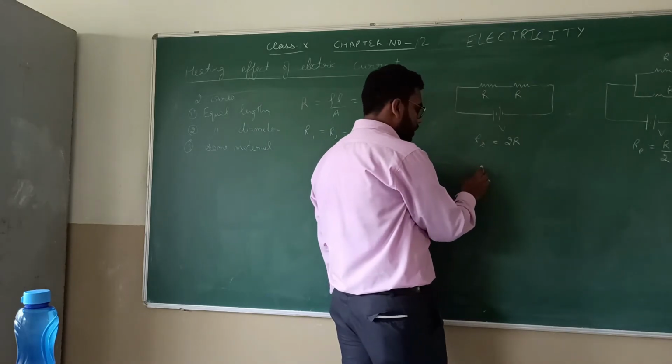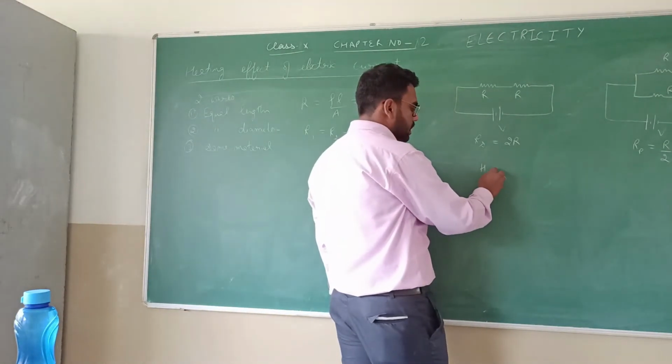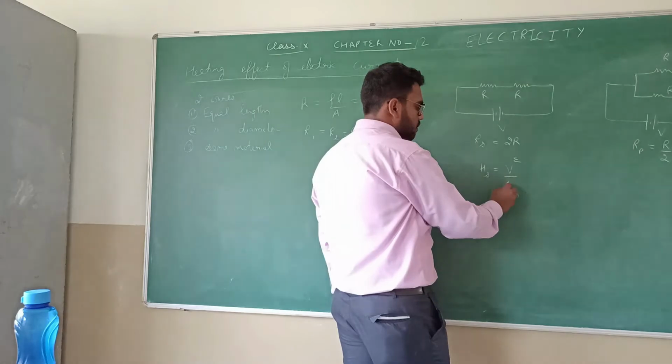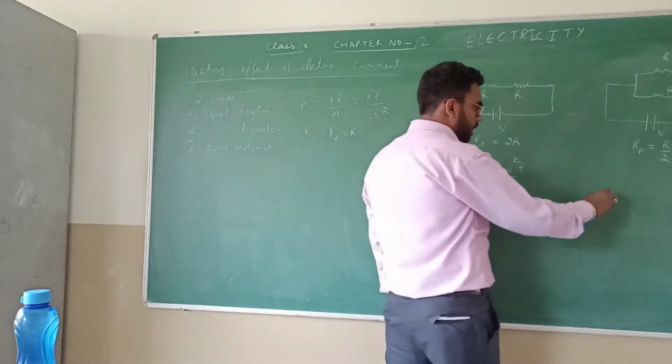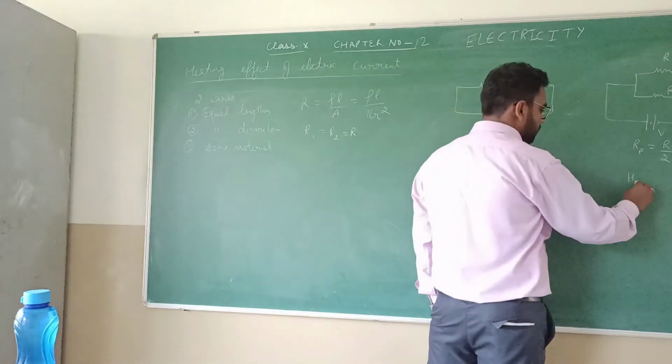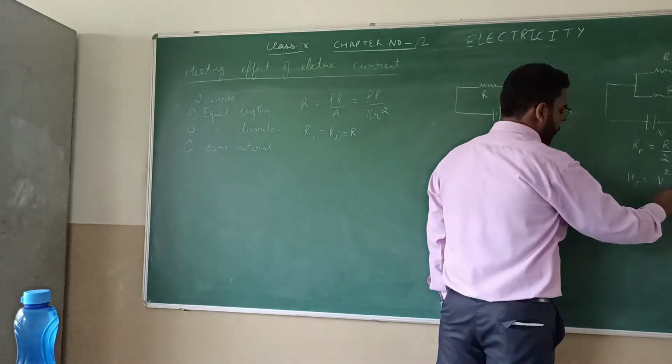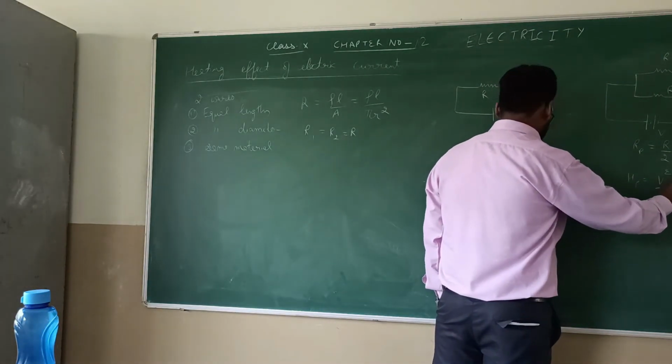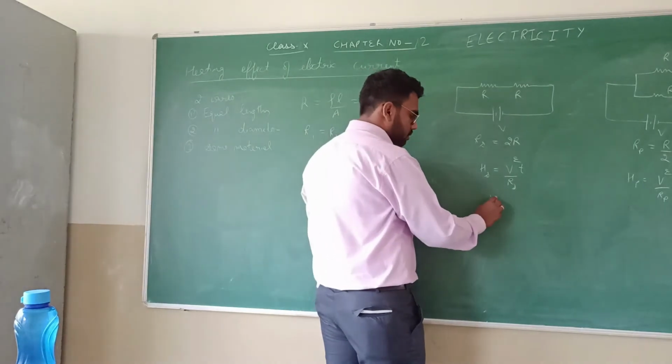So what was the formula for heat? Heat for series, the answer is V square by R T. The formula will be the same, V square by Rp into T. Now we have to find the ratio.